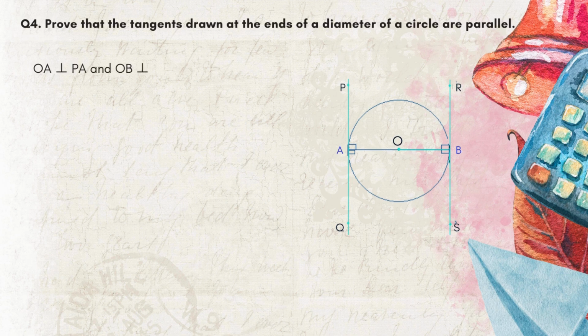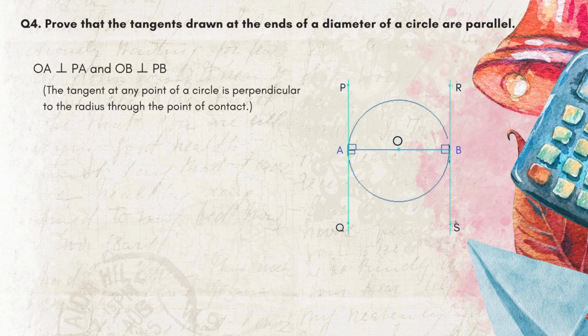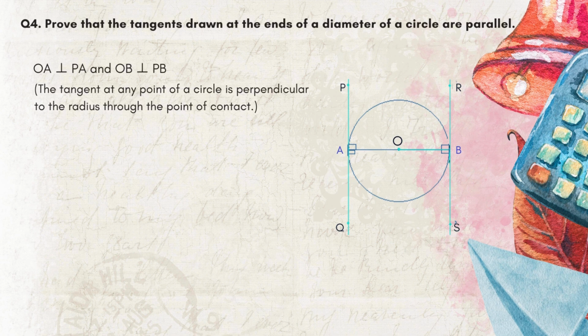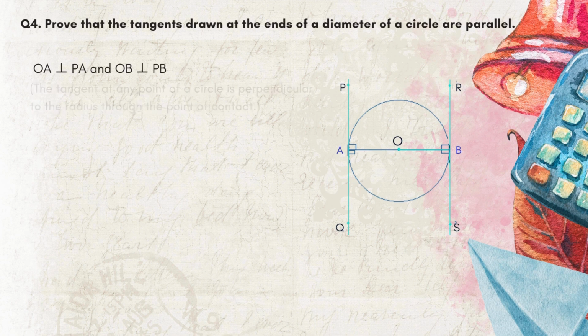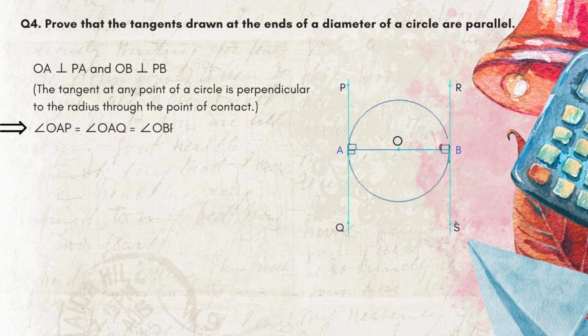Now OA is perpendicular to PA and OB is perpendicular to PB, because the tangent at any point of a circle is perpendicular to the radius through the point of contact. That means angle OAP is equal to angle OAQ, also equal to angle OBR and angle OBS. And all of these are equal to 90 degrees each.